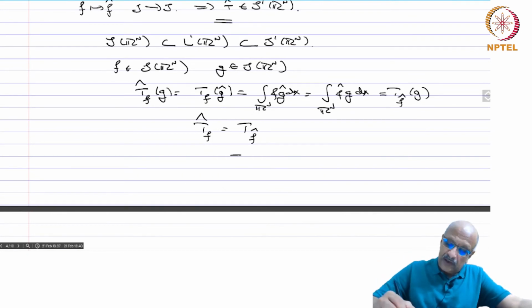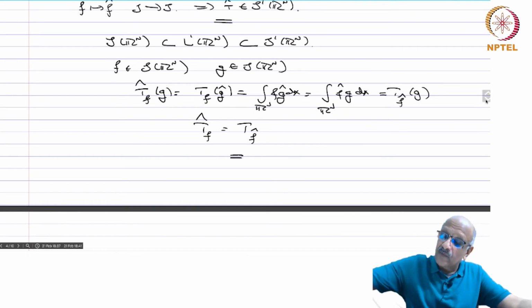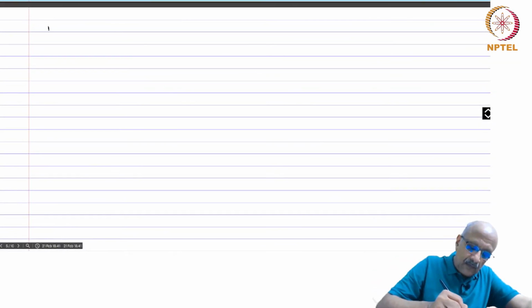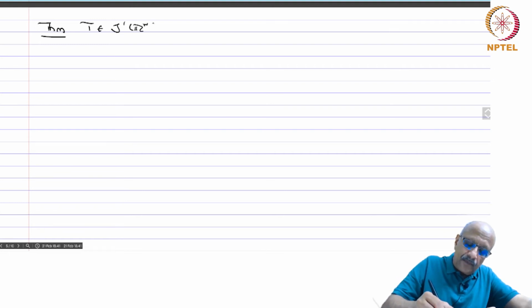So, now let us prove the following theorem, which generalizes the properties of Fourier transform of functions. Let T belong to S'(R^n) and let alpha be a multi-index.